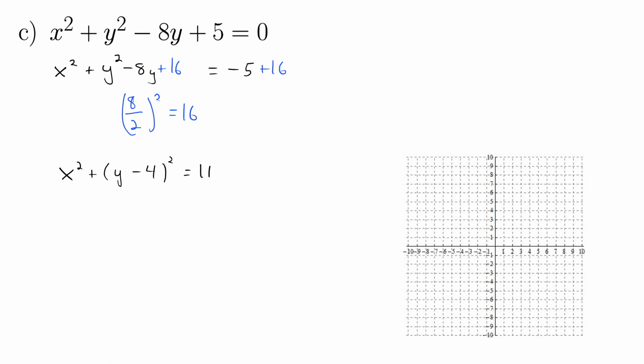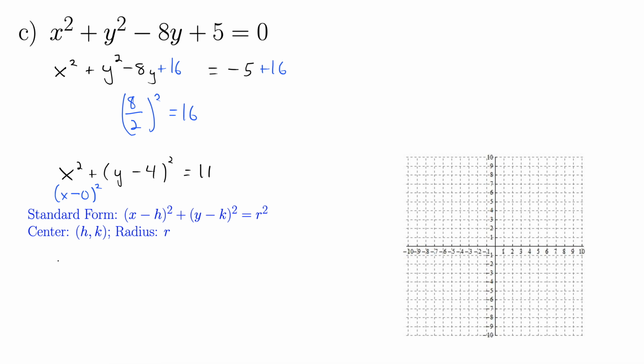So this is now in standard form, even though it may not completely look like it. We could think of this as (x - 0)². So the x coordinate of our center is 0 in this case, and then the y coordinate is 4. Remember to change the sign on that there.